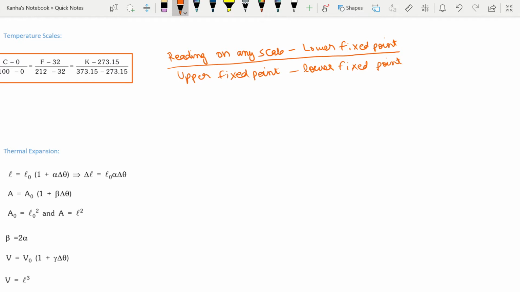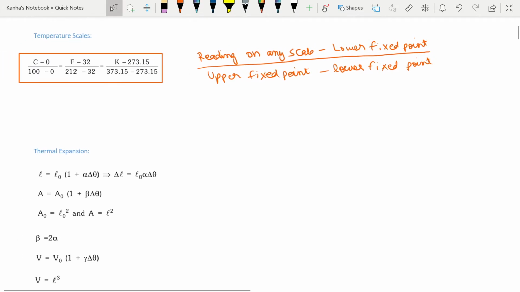Okay, so when I translate it to our equation number 1, I find that it is C minus 0 by 100 minus 0 is equal to F minus 32 by 212 minus 32 is equal to K minus 273.15 by 373.15 minus 273.15. Okay, and let us look at a basic question on how to do this.